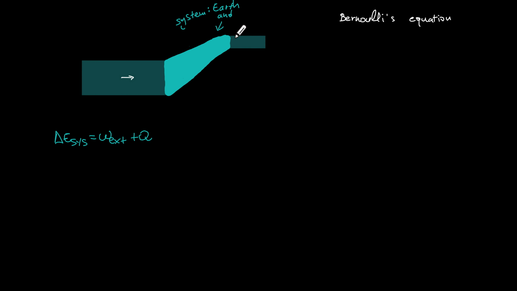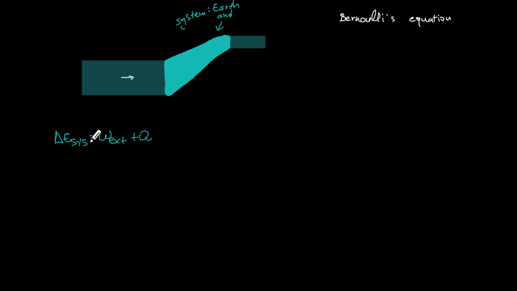The pipe also has different diameters. So here it is more wide, here the cross-sectional area is smaller. And of course, as a result of the change in height and the change in diameter, you probably will have a different speed.